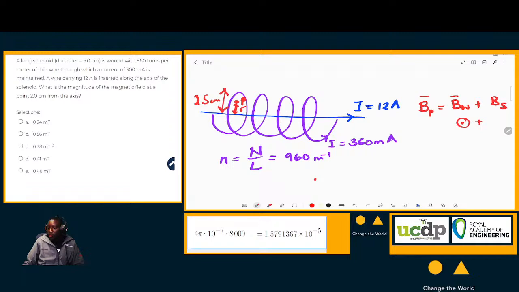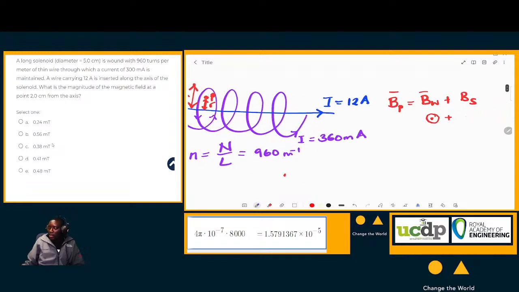Then B due to the current in the conductor, if the current is flowing that way, using the right-hand rule, the field inside the conductor is in the direction of the current. So B due to S is to the right.